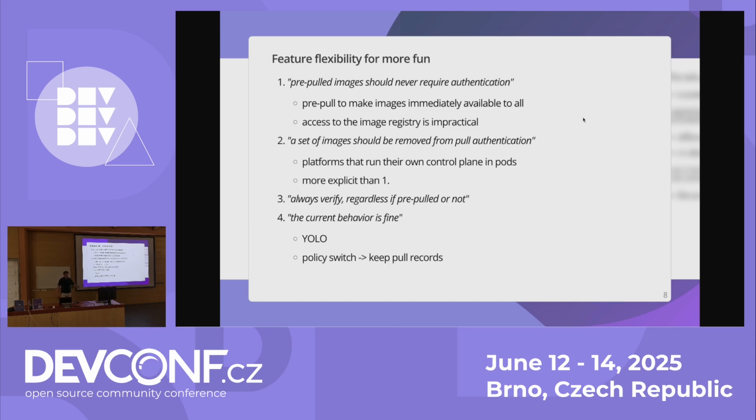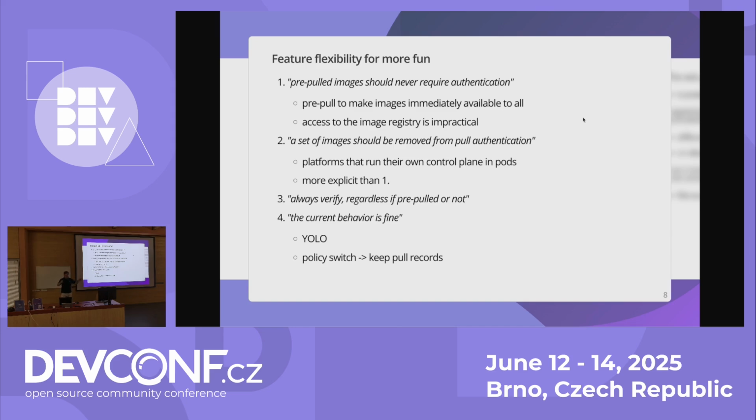Either way, even with the fourth case, you still have to think about what happens if I'm going YOLO and then I want to always verify, right? That means you may want to keep your records in your cache, just in case there is a policy switch, because anybody can change their opinion eventually, right?